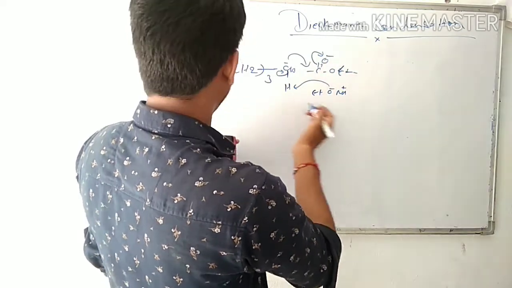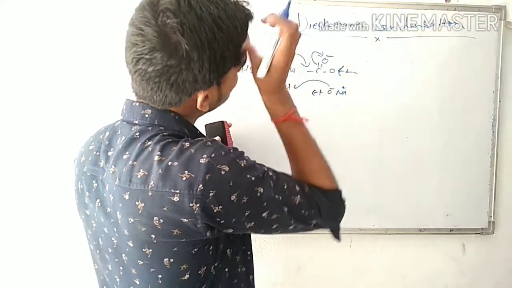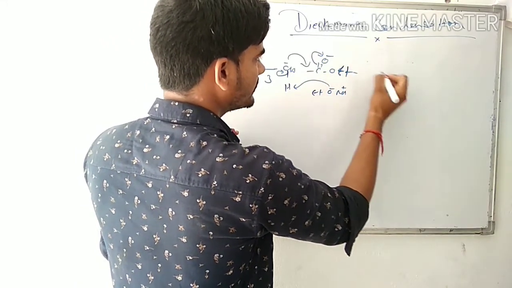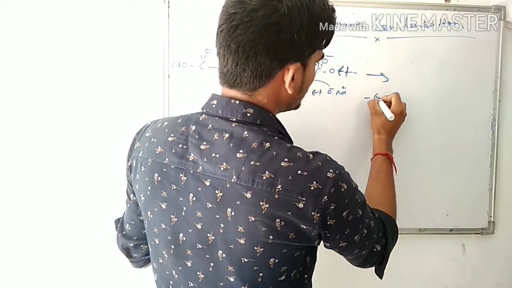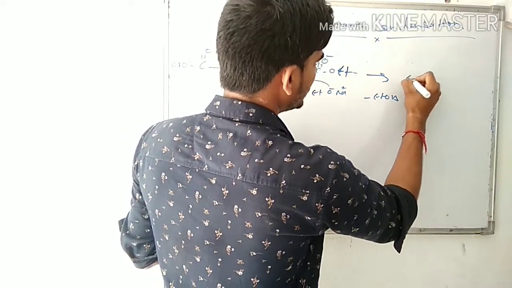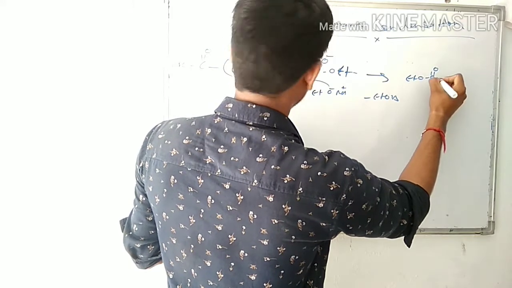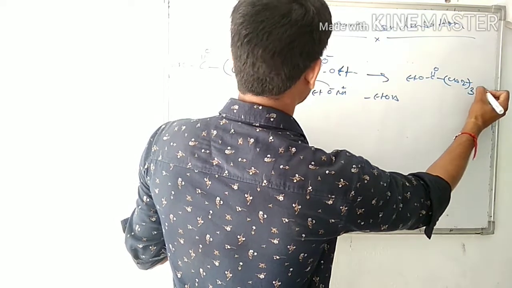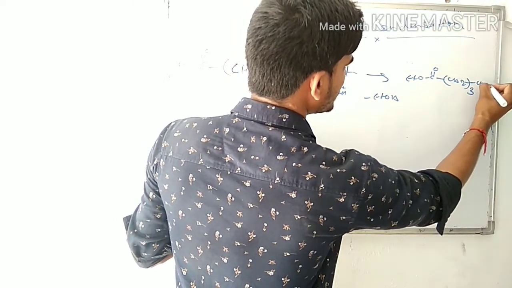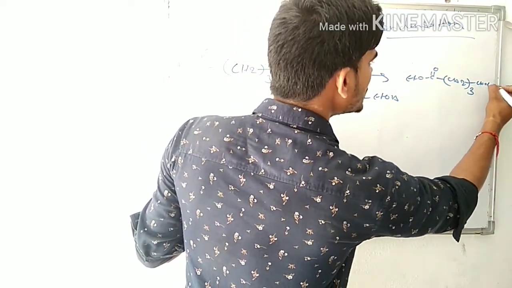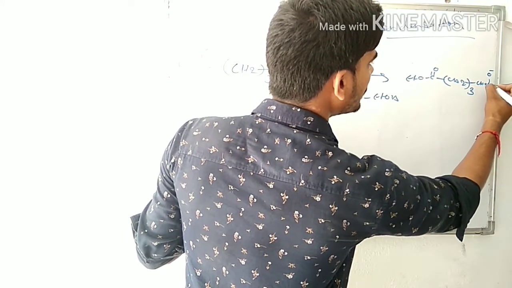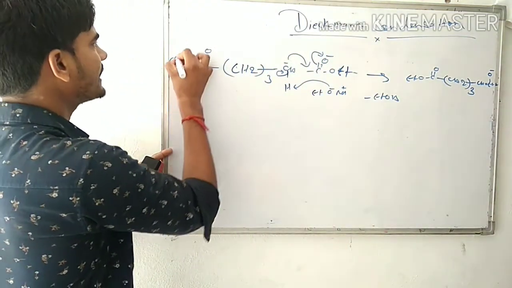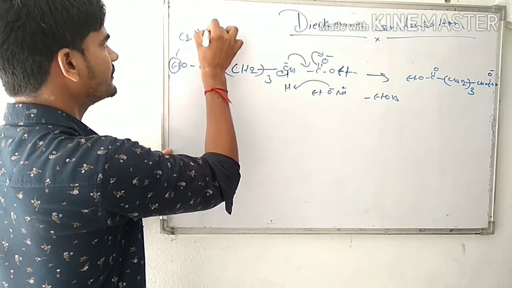So here we generate an enolate ion: EtO, C double bond O, CH2, CH, C double bond O, oxygen negative, and Et. Et means this is the ethyl group, C2H5.